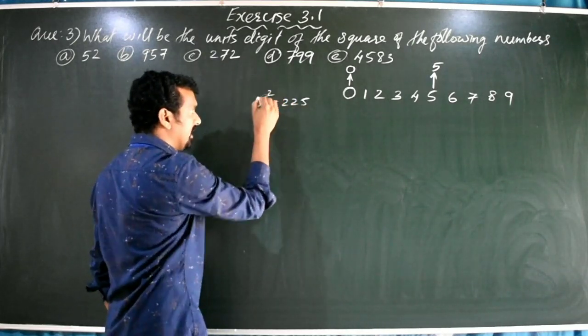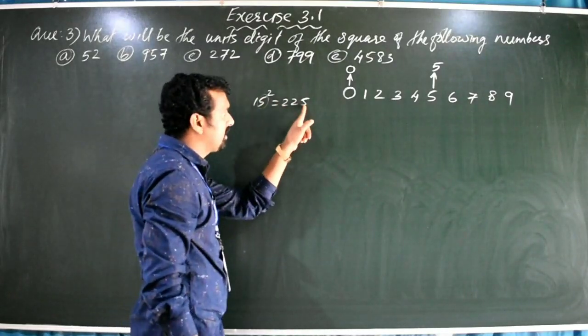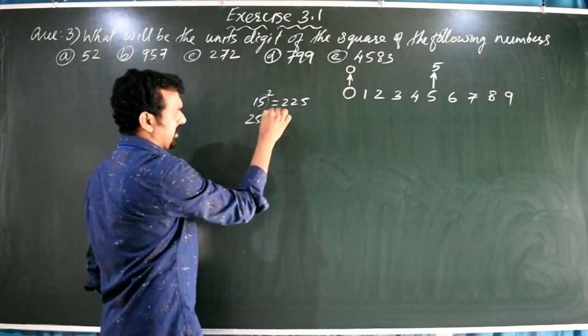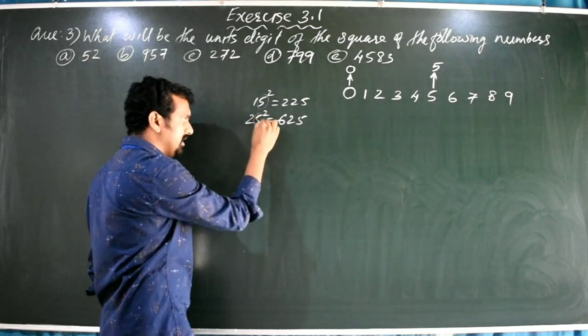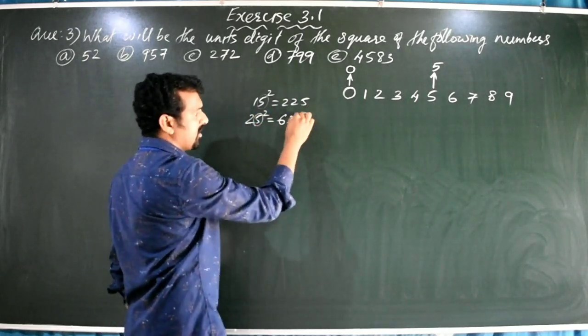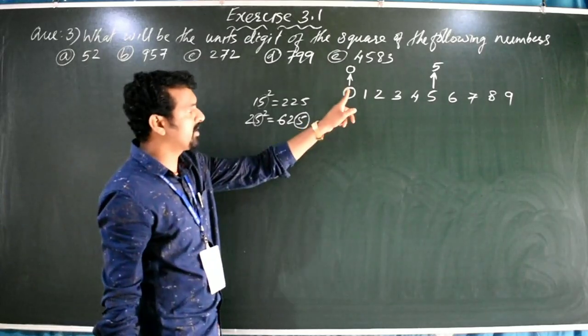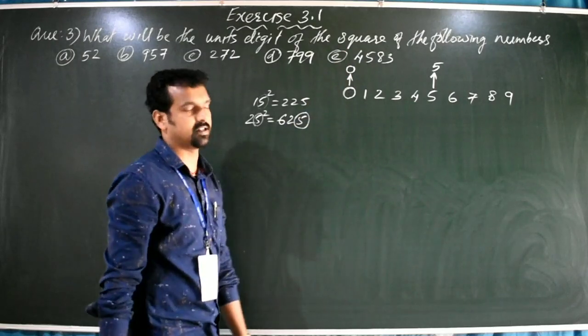A number ends with the digit 5, then its square also will end with the digit 5. 25 square, 625. See, a number ends with the digit 5, its square also will end with the digit 5. Same way, if a number ends with the digit 0, its square also will end with the digit 0.